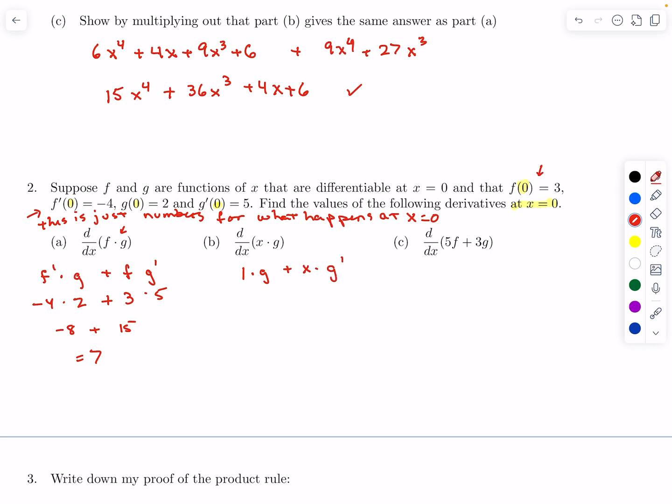It's a product, so you got to do it with the product rule. So, okay. G at 0 is 2. X is 0.